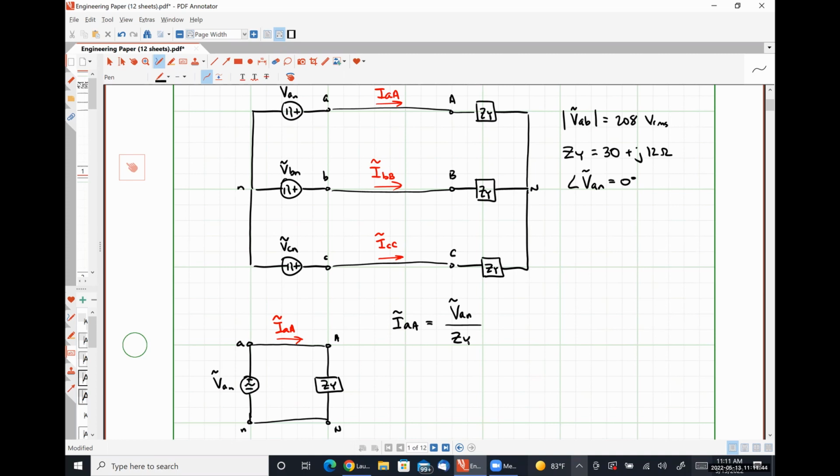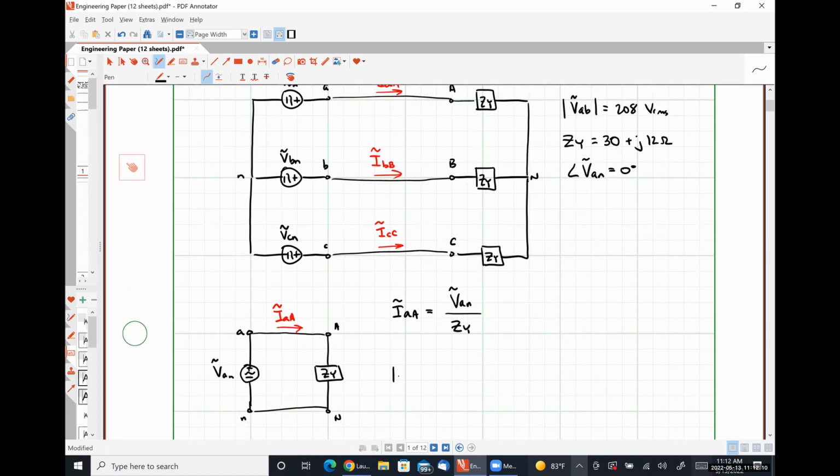We're trying to go the other direction here, right? And we're really only given the magnitude of our line voltages, which means we can really only determine the magnitude of our phase voltages from that information, right? So how am I going to convert? How do I figure out what the magnitude of VAN is?